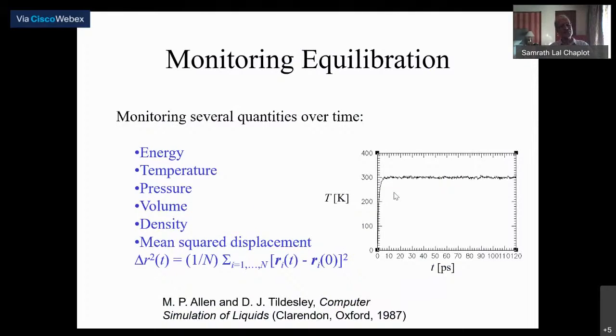Having done that, this is just a plot of, it actually is plotted temperature, but I just want to see the total kinetic energy as a function of time. So I may start with any number.